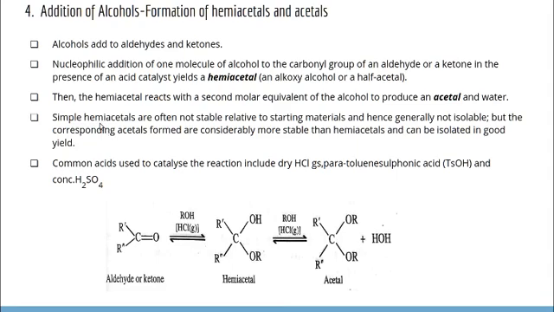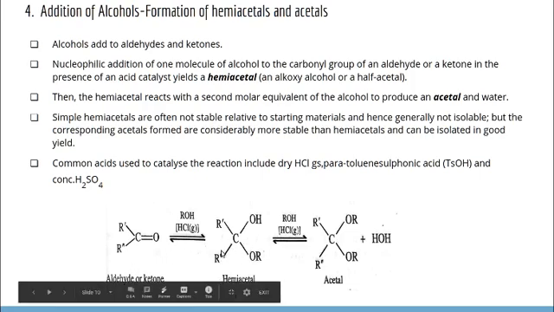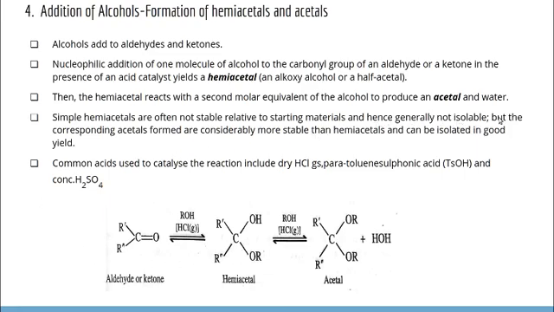Simple hemiacetals are often not stable relative to the starting material. That means compared to the aldehyde or ketone, hemiacetals are not stable, hence generally not isolable. We cannot isolate the hemiacetal during the addition of alcohol to an aldehyde or ketone.